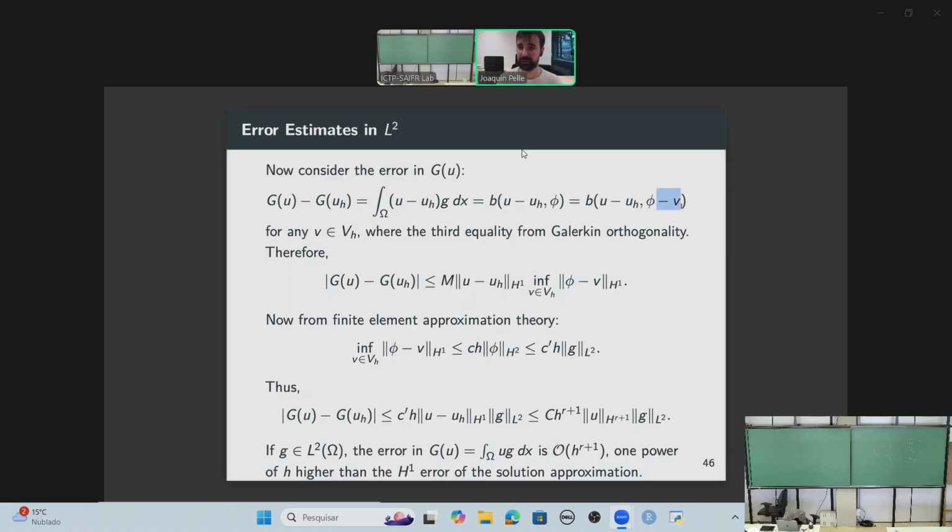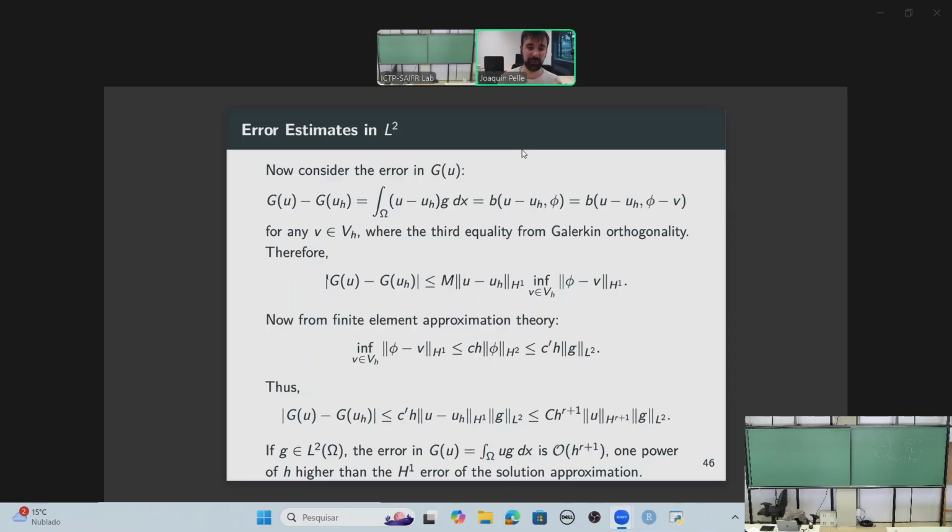So we are free to just add or subtract any vector in the finite element space, because the form is linear. The form applied to u minus uh and v will be 0. So we are free to do that, and this allows us to bound the error like this.